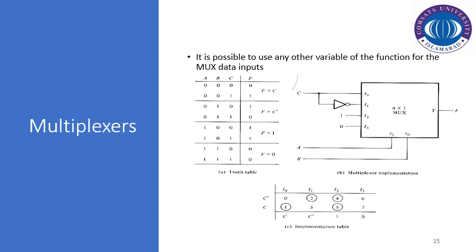This is another possible way to implement a Boolean function, in which instead of mapping the most significant or leftmost bit to the select lines, we use the least significant bit. It's a tabular method which we can implement very easily by using the truth table as well. The response of the system is given here: F is the output, a function of inputs A, B, and C. Here we have to make sections of two entries.